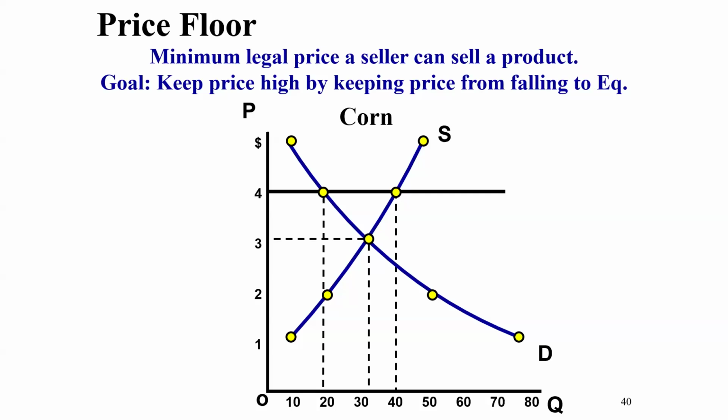Again, here, even though I'm supplying 40, I'm only going to sell 20 because that's all people want. Okay, so they ask that a lot. They'll show you this and they'll say, how much corn are they selling? Well, they're selling 20. The last thing on this: if this was a price ceiling, would it be binding? No, so then we go right back to the equilibrium, okay?